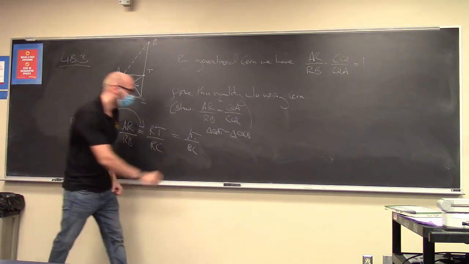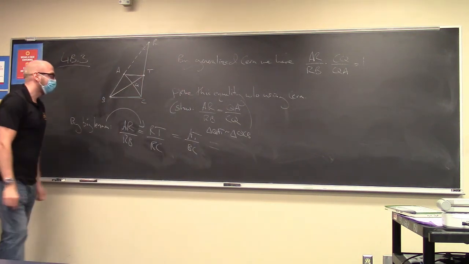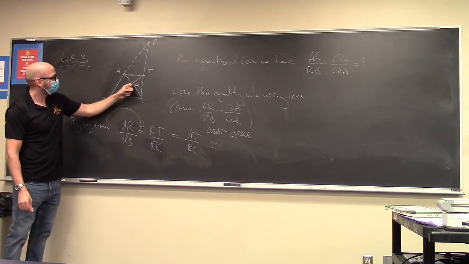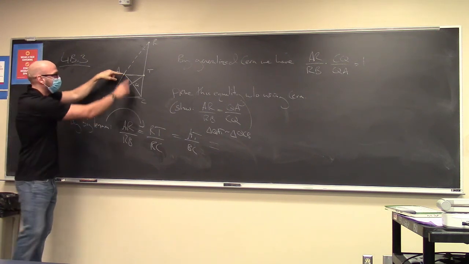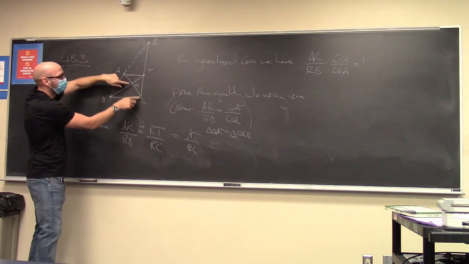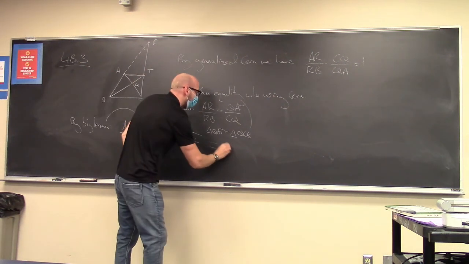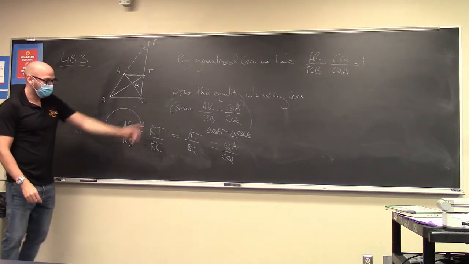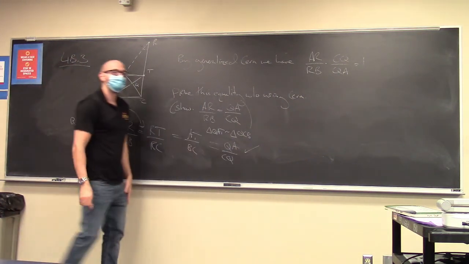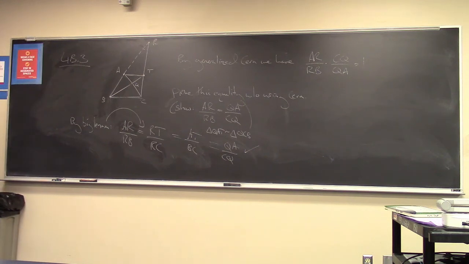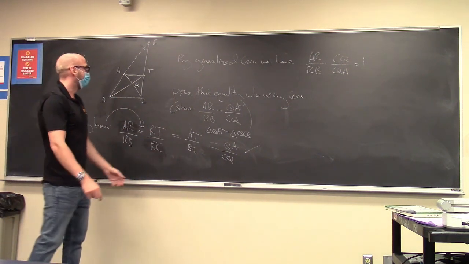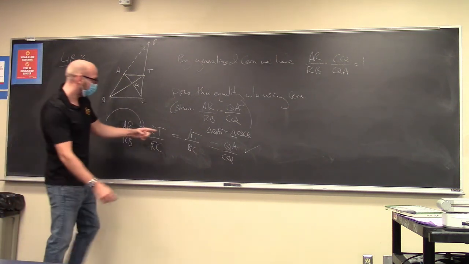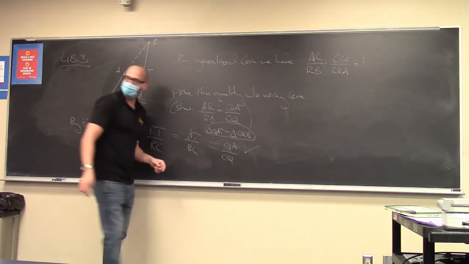This you'd have to prove, but if you can prove that, then I have that AT is in the same proportion to BC as QA is to QC. So that would be equal to QA over QC, or CQ. And then you're done, and you've established your result. So this is pretty much the entire problem. All you have to do now is write up the details nicely, and prove that.